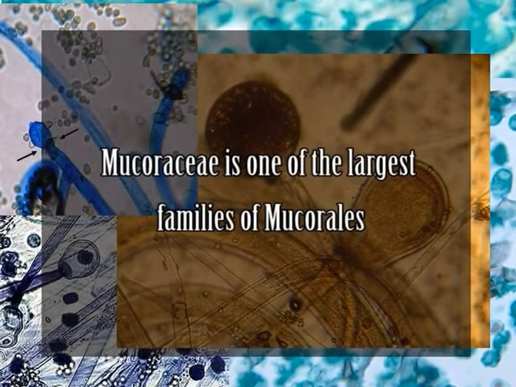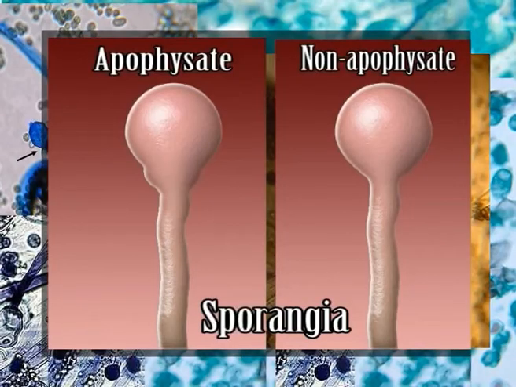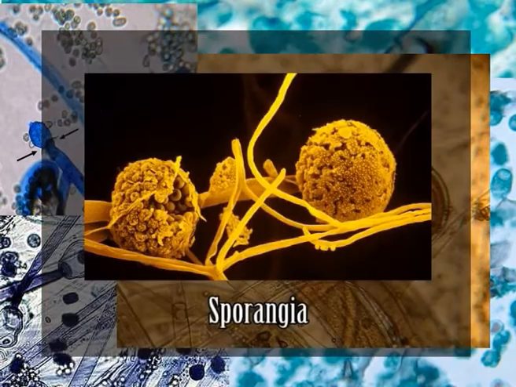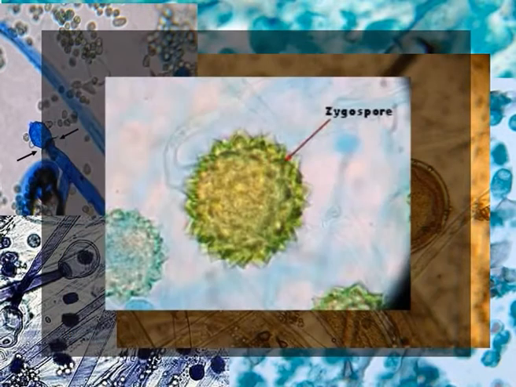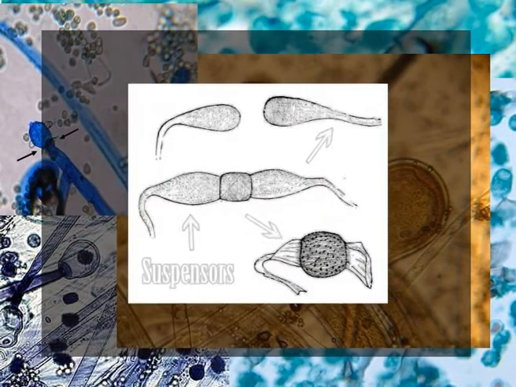Mucoraceae is one of the largest families of Mucorales. The genera belonging to Mucoraceae produce non-apophysate sporangia with either deliquescent or persistent wall. There is often a slight constriction of the sporangiophore immediately below the sporangium. Zygospores have opposed non-appendaged suspensors.